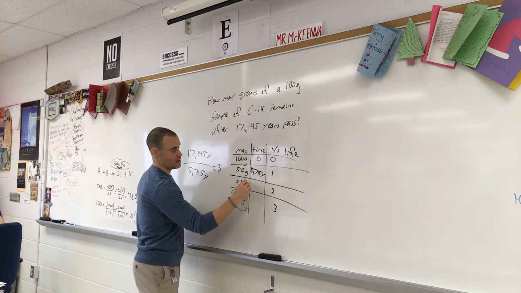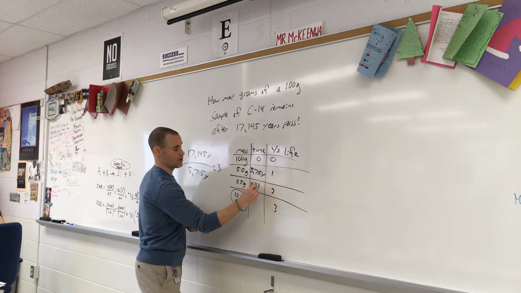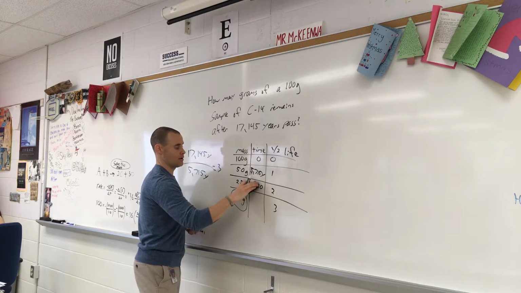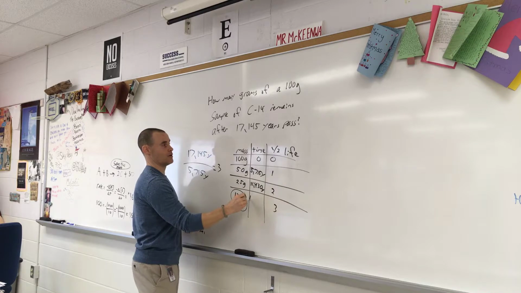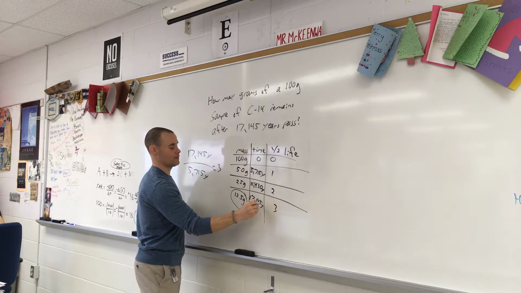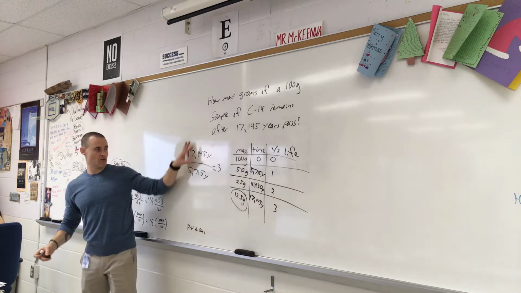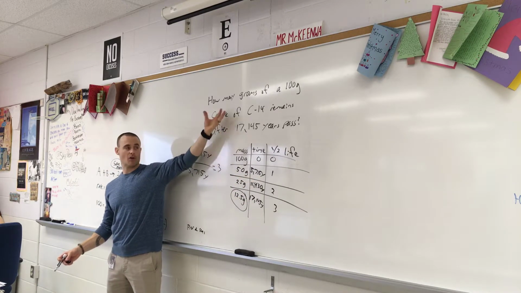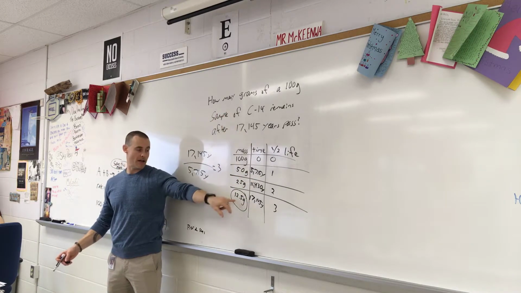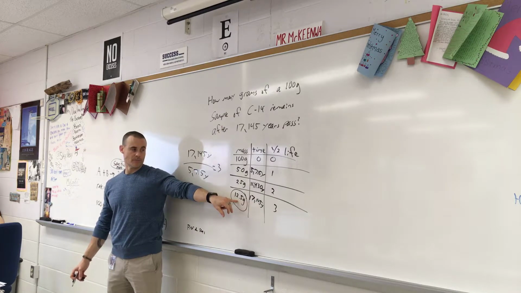So that would be 11,430. And then add it again, you would get 17,145. So again, if you're confused with this, you can just keep adding the half-life until you reach the time the question's asking about, and then that's your answer, as long as you split this in half every time.